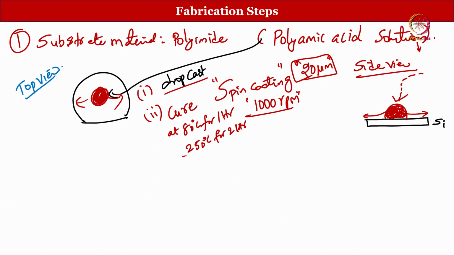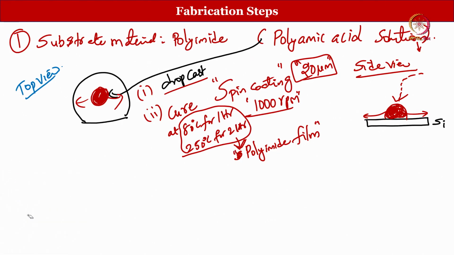We cannot directly take it to 250 degrees centigrade, because the thermal stresses will be more. So, we will take it to 80 degrees first, then to 250 degrees centigrade, then you will get a solid film. You will get a polyimide film.